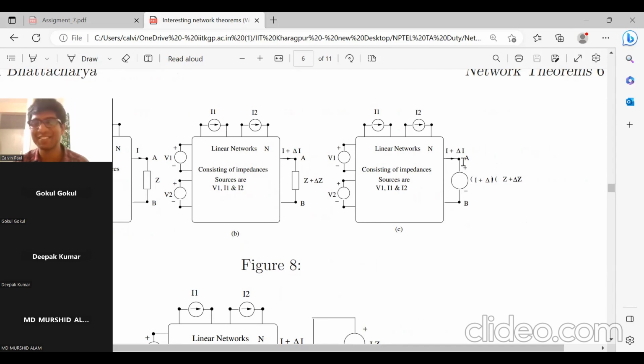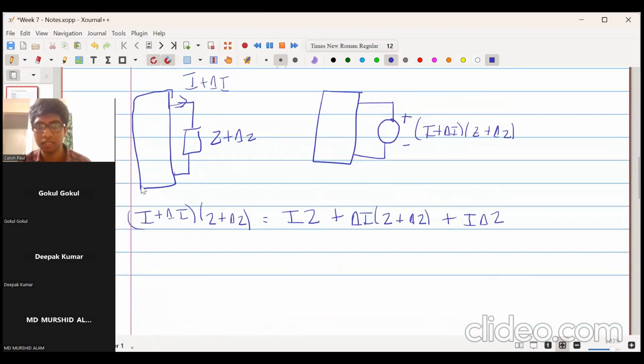So this impedance Z plus delta Z is replaced by a voltage source plus minus the current I plus delta I flowing into the impedance Z plus delta Z. Here they have not printed it properly, so effectively it is like this: I plus delta I into Z plus delta Z. And then we have opened the brackets and found it to be like this. So they have also done that.